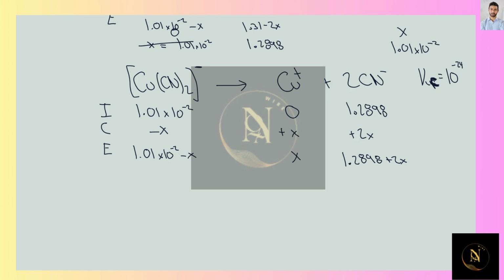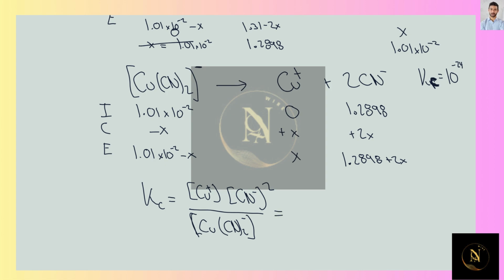So with this, our value for Kc for this system is going to be the concentration of copper plus, times the concentration of cyanide minus squared, divided by the concentration of the complex. Oh, sorry, I went a little bit ahead of myself. So the concentration of copper CN2 minus, which is my initial value, 1.01 times 10 to the minus 2 minus x.